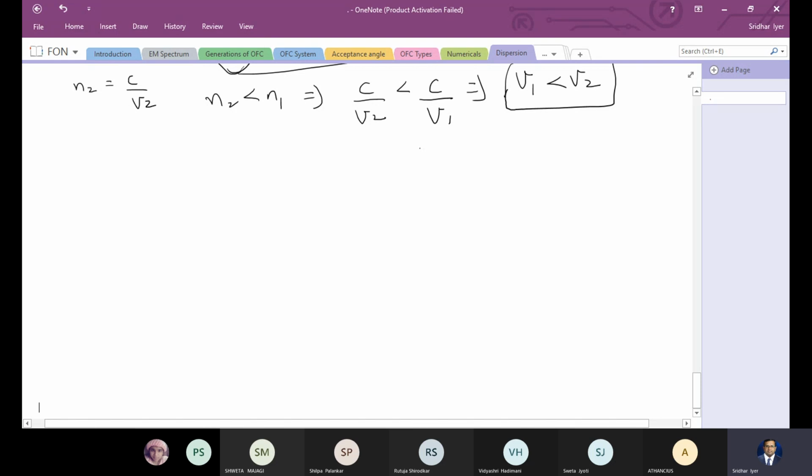Let's look at the derivation. For that, I'm just making this diagram, so it helps us understand much better. So let this be the core of the fiber, let this be the cladding of the fiber, let this be the fiber axis.